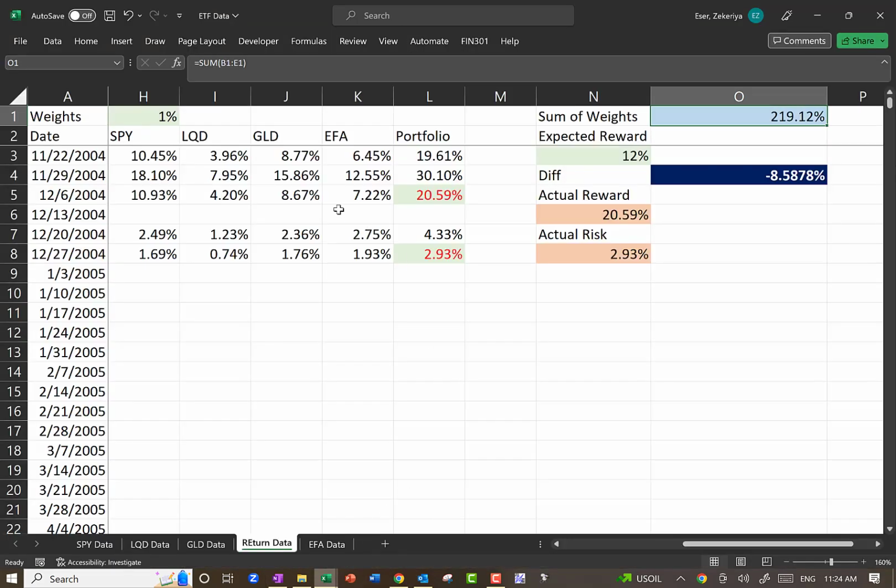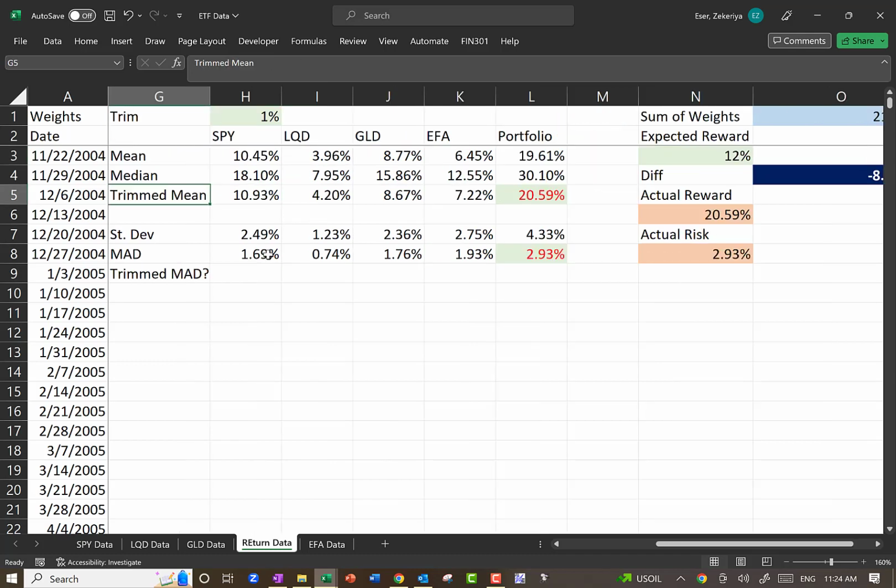Let's kind of look at some of the numbers. For example, let's look at the gold, for example. This is a rather trivial portfolio. You put everything into gold.